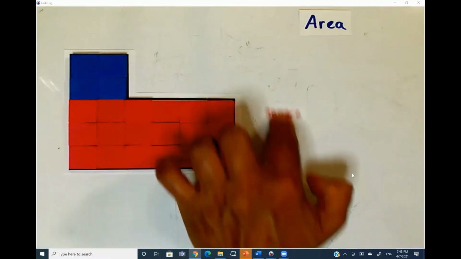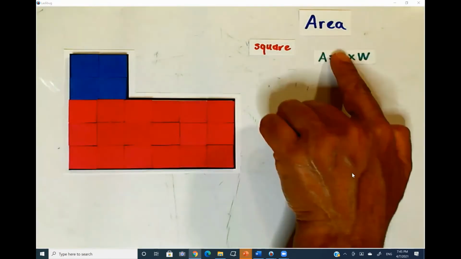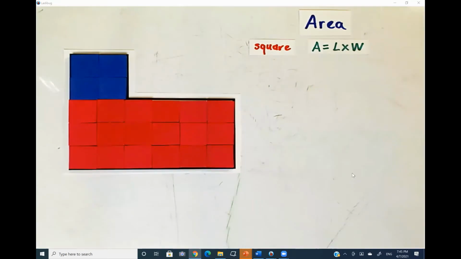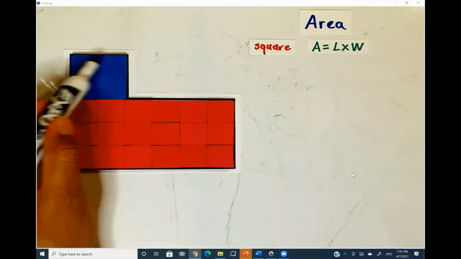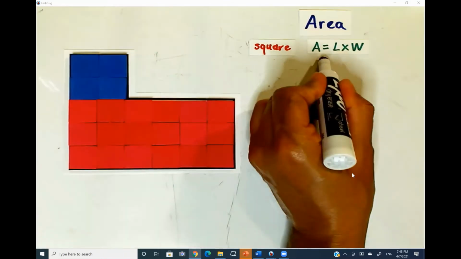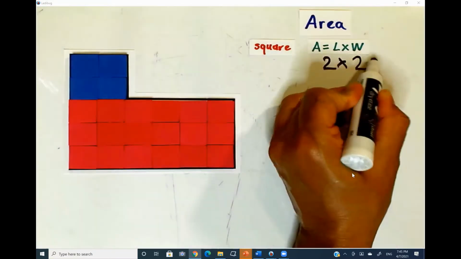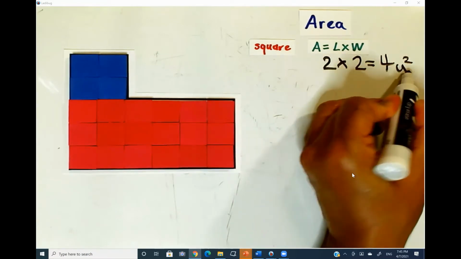So I'm going to find the area of the square, and I'm going to apply the formula, which is area equals length times width. So I notice that the square is 2 units long, so that's going to be 2 times 2 units wide. So 2 times 2 is going to make 4 square units.